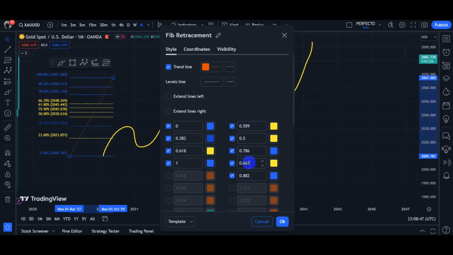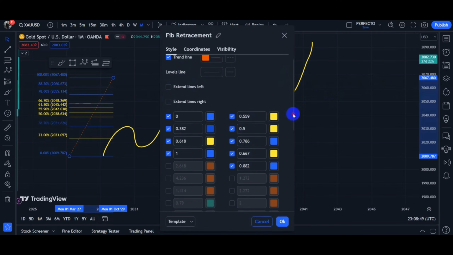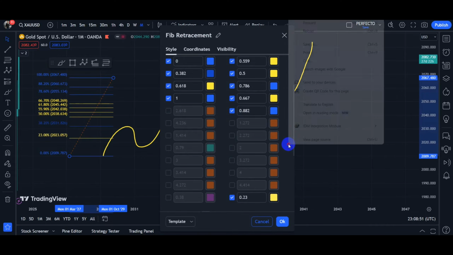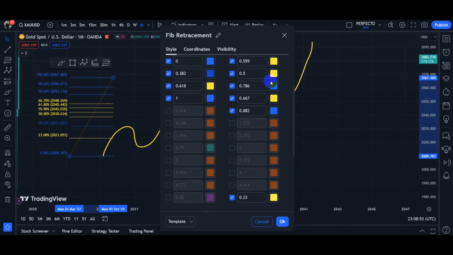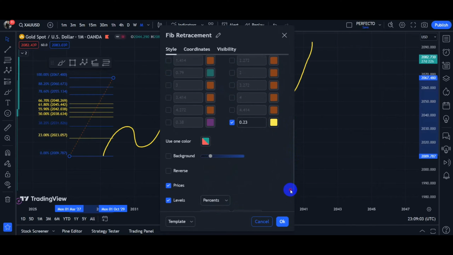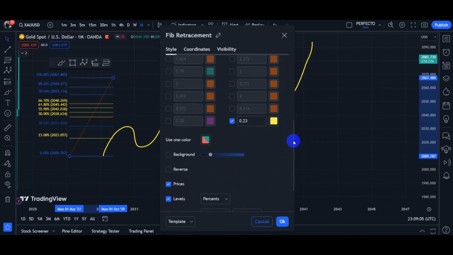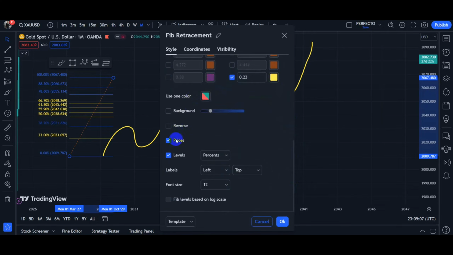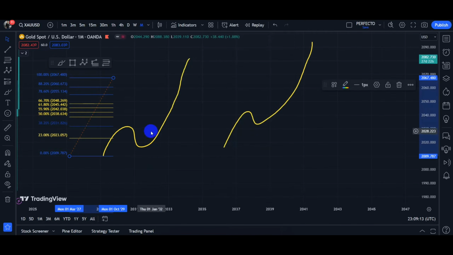So all the numbers in front of you must be written in your Fibonacci retracement setting, okay, as you see. And of course you can change the colors like you want. Make sure you have changed all settings like in front of you, okay.